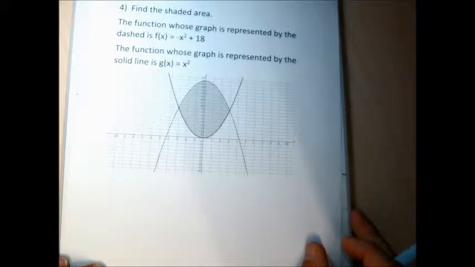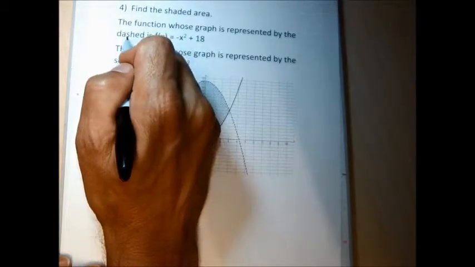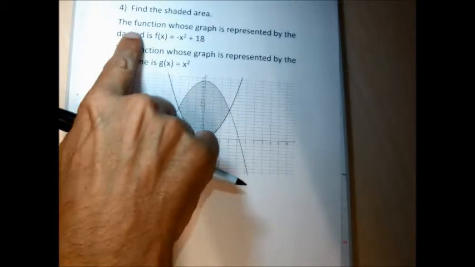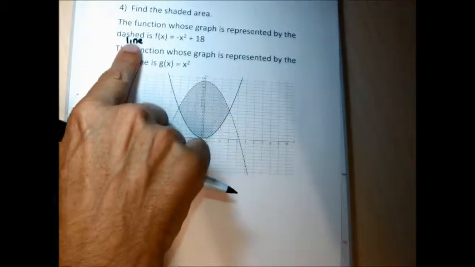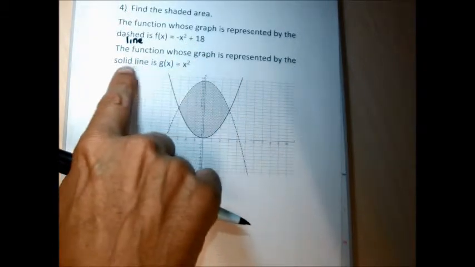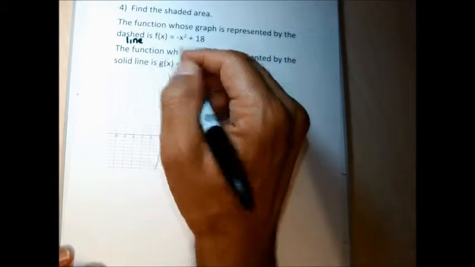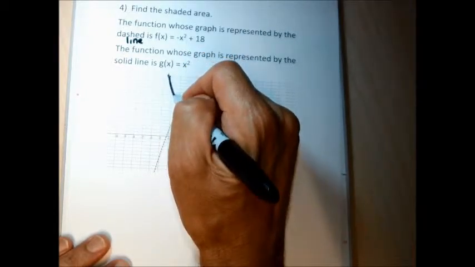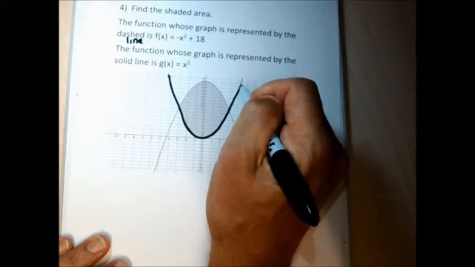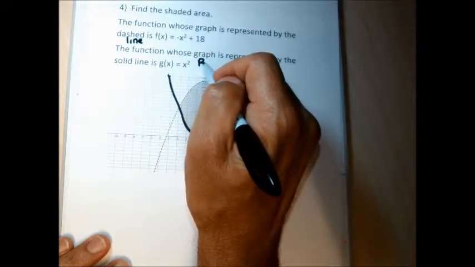Alright, so when I go to do problem 4, again, if you read these, it might drive you crazy, that the function whose graph is represented by the dashed line is negative x squared plus 18. The function whose graph is represented by the solid line is x squared. So I have to figure out the top and the bottom function. So that's the x squared, and that's the bottom function.